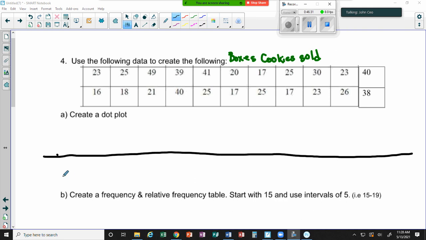So you could probably just put all the data pieces down here, and if there's missing, it's not going to matter as much. So we can start with our smallest one at 16. Now the hard part about this is trying to make sure you get them all. So 16 would be 1. What's the next one going to be? I see 17, right? How many am I going to have at 17?